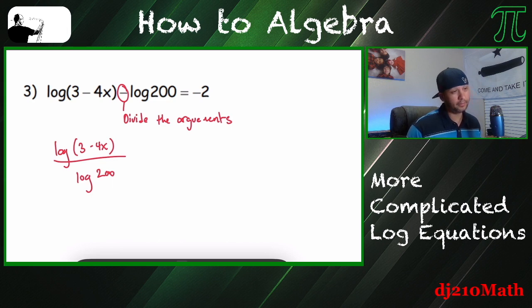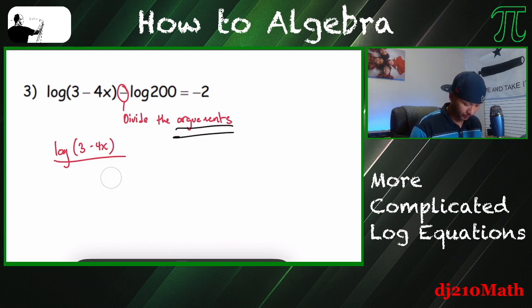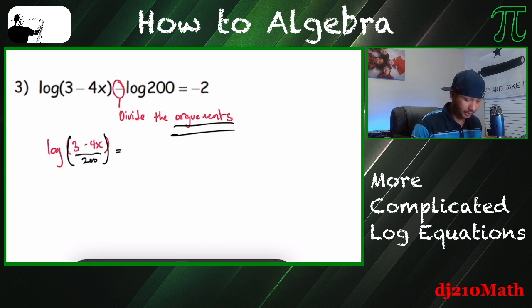This isn't dividing the arguments. This is dividing the logs. So we don't want to divide the logs. We want to divide the arguments. So this is what we want. And this is equal to negative 2.